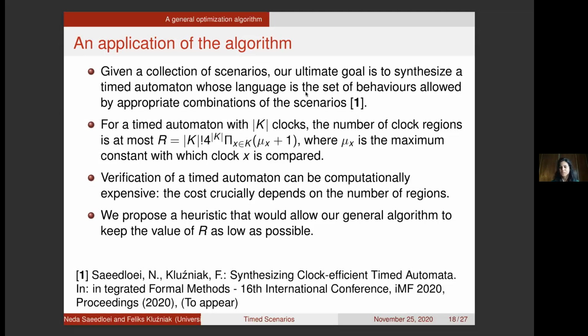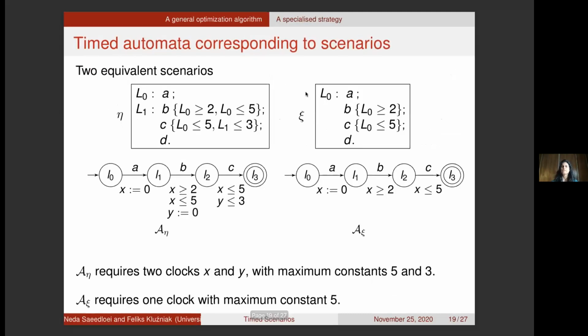That was our motivation in this work. We wanted to use our general optimization algorithm to keep down the number of clocks and the maximum constants that are equivalent to time scenarios.